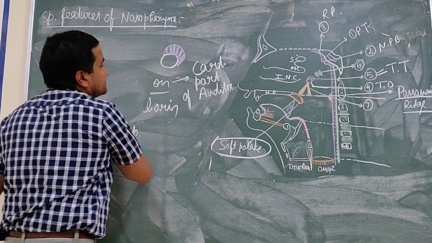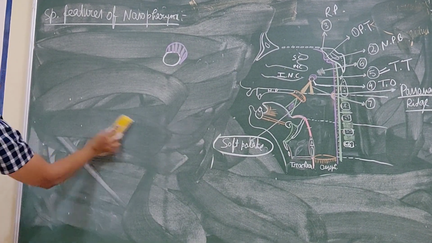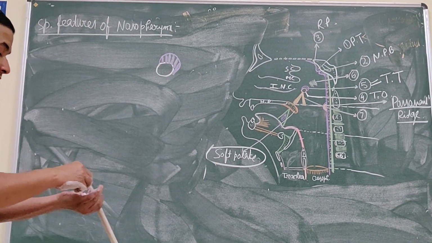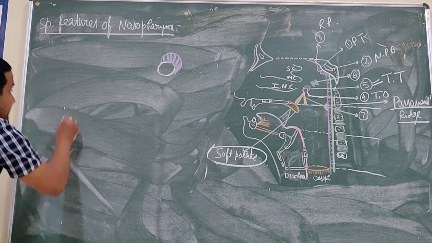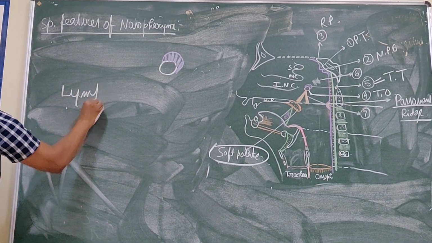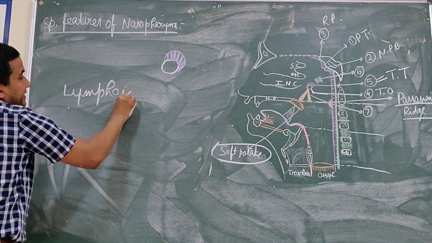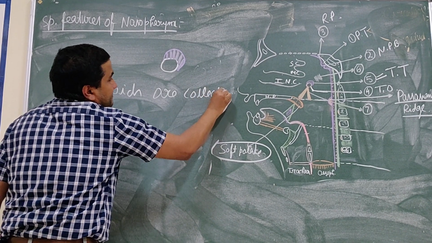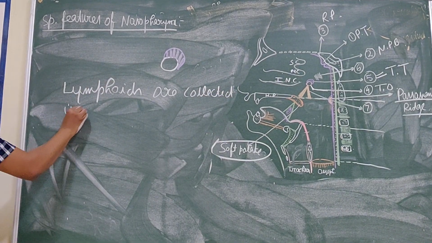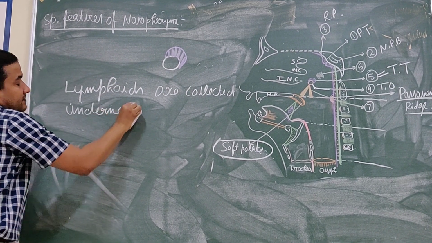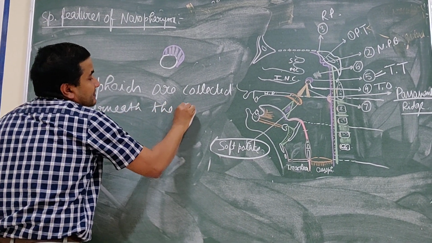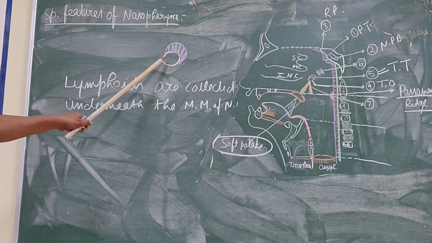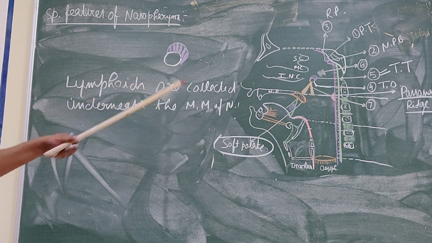Now, this is another site where lymphoid tissue is collected underneath the mucous membrane of the nasopharynx, posterior superior to this opening, where the bulging is present.